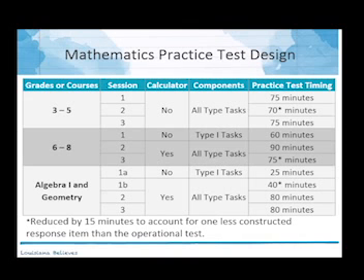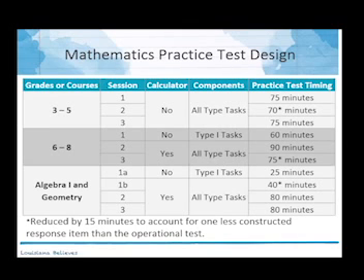For math, it depends on your grade, but the number of sessions and the way it's broken down is the same as the operational test, same as calculator and the components. But again, we make recommendations on the timing, because we have certain sessions that include field test CRs, constructed response items.